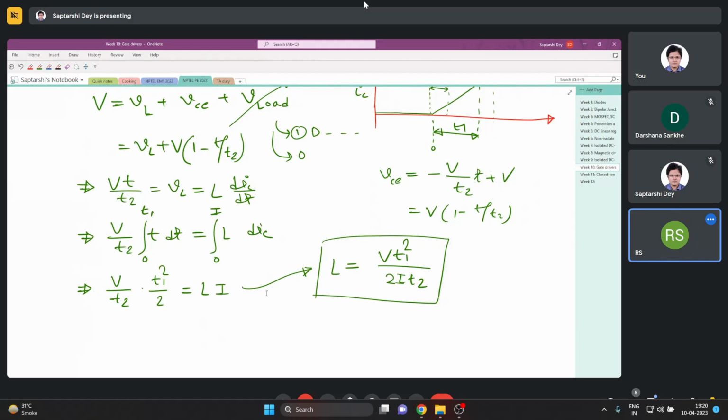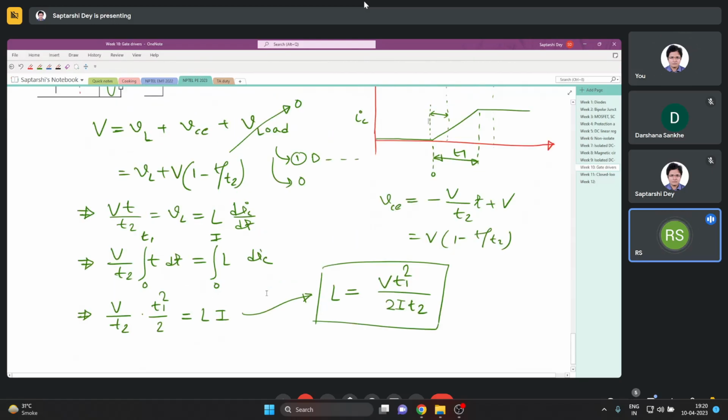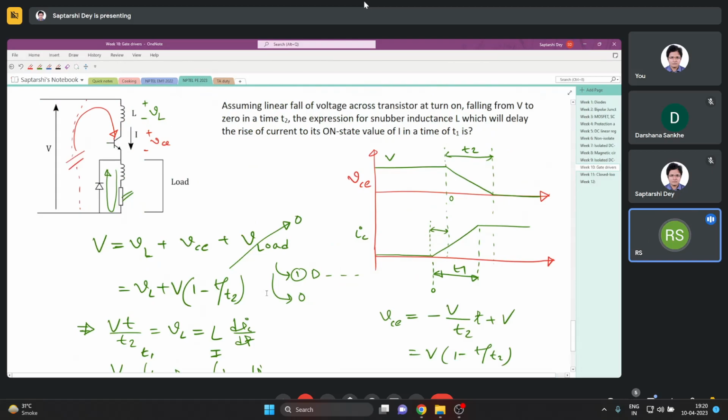So this inductance is now through this L. It is limiting this di by dt. So now it takes more time to reach the steady state on-state value.